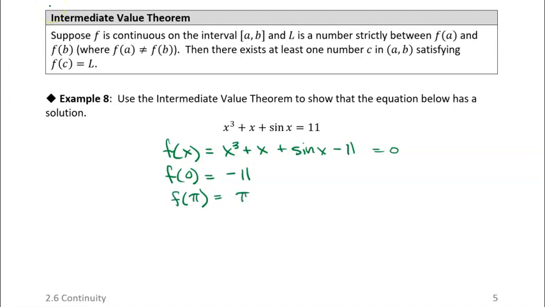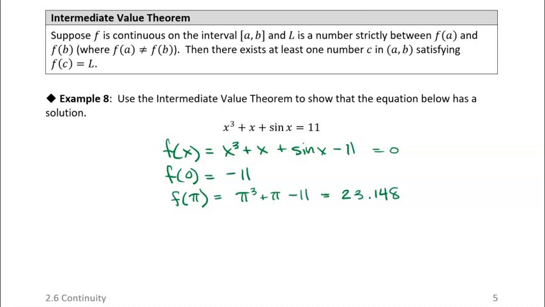So we're basically going to get pi cubed plus pi minus 11. Now you can probably see that 3.14 cubed is about 27, that's about 30, so it's probably positive, even without a calculator. But I could put this into my calculator, and what do I get here? I get 23.148 and so on. Okay, so it keeps going, but I'm going to round it off.